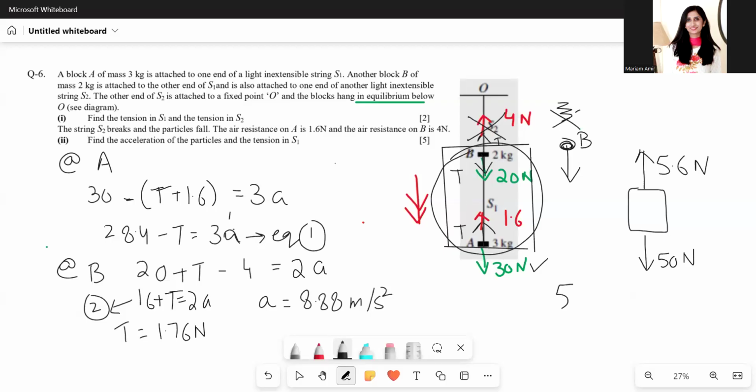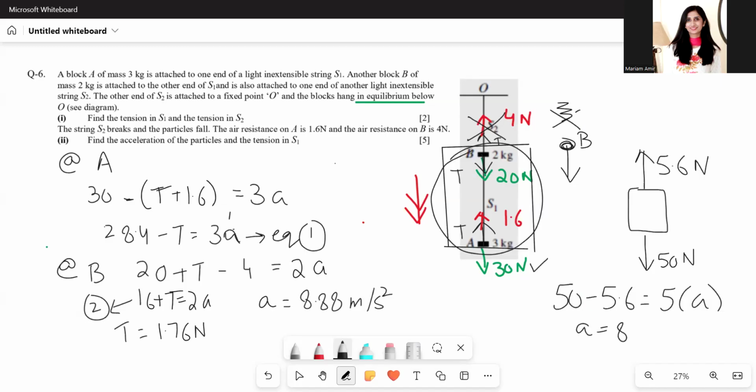So it's going to be forward force minus backward force is equal to MA. So mass is going to be 5 kg now, and you should be able to find acceleration from here. So 50 minus 5.6 divided by 5 is equal to 8.88.